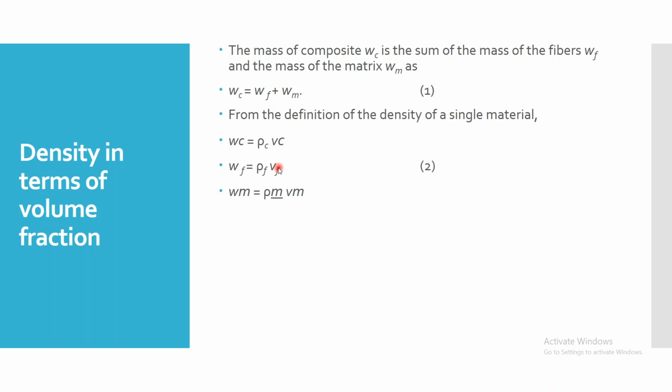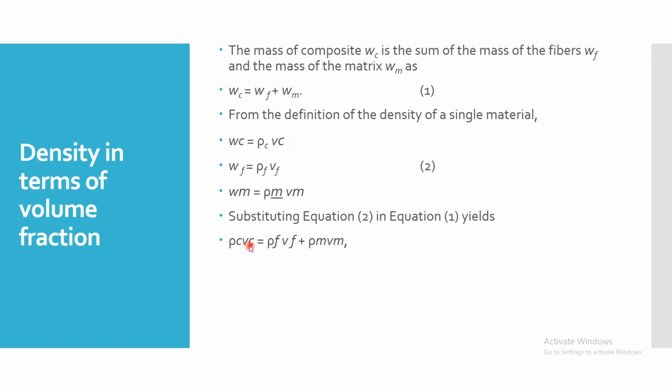Next, the simplification we can do is substituting these values, WC, WF, WM, into equation number 1. If I substitute these three relations into equation number 1, we get an equation of this form: density of the composite multiplied by VC, and in the same way for fiber as well as matrix.